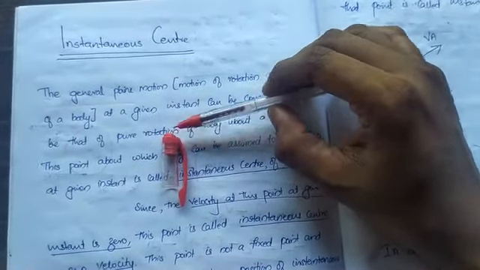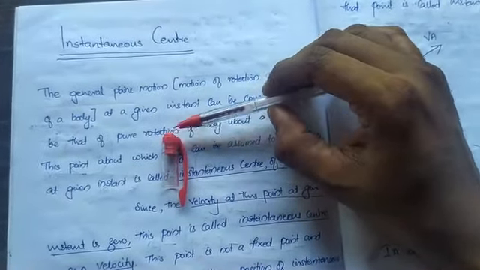Now how will you locate an instantaneous center? Consider a body AB in which A has velocity VA and B has velocity VB. Consider this object AB, where point A has a velocity along this direction and B has a velocity along this direction.